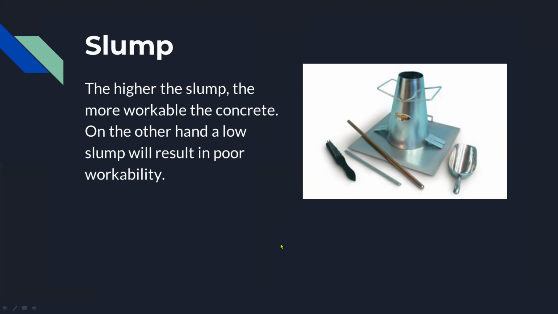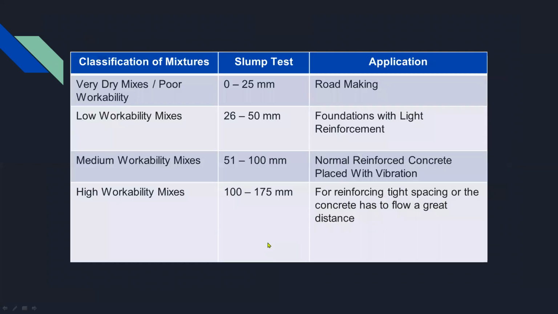On the other hand, a low slump will result in poor workability. Kapag tumataas ang slump, ibig sabihin, maganda ang workability ng concrete. Pero kapag masyadong mababa yan, ibig sabihin, mahina yung slump natin, mahina yung magiging produkto natin sa konkreto.